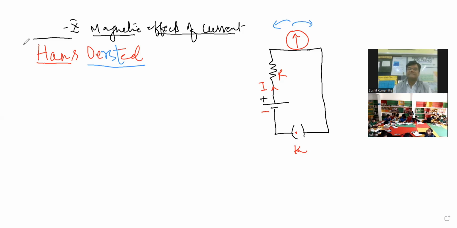Written? Sir, can you repeat? The phenomenon of producing magnetic field around a current carrying wire is called magnetic effects of current.